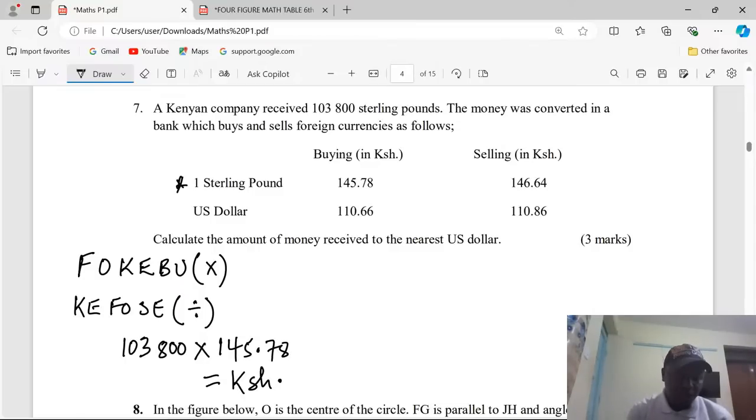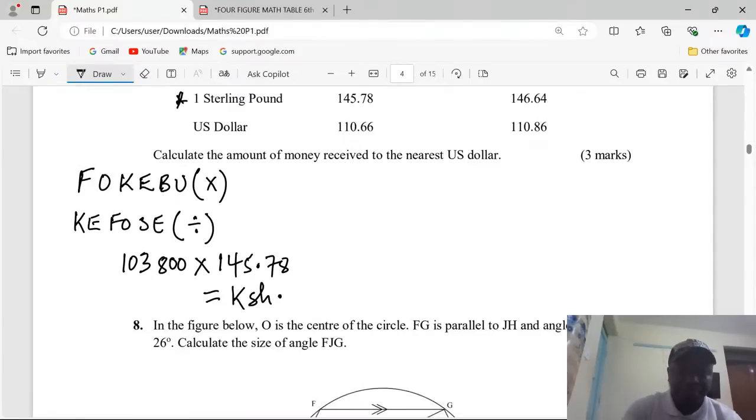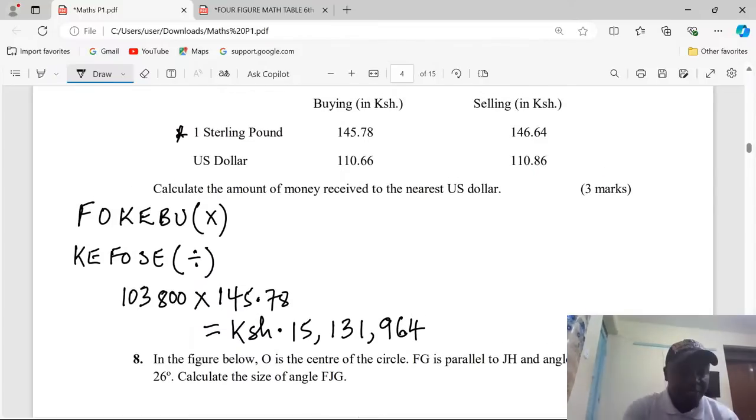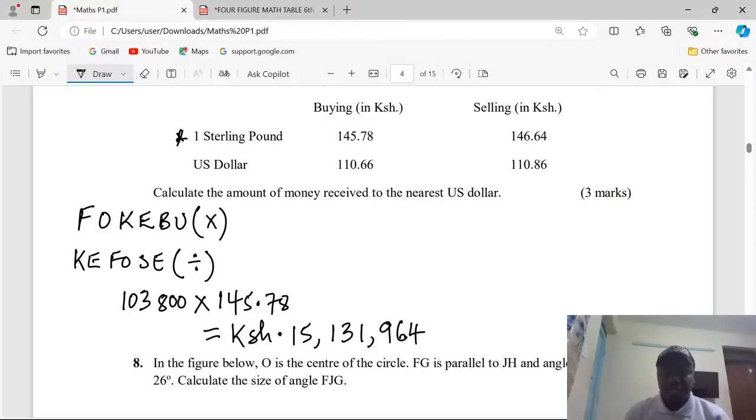This is giving us 15 million 131,964 Kenya shillings.